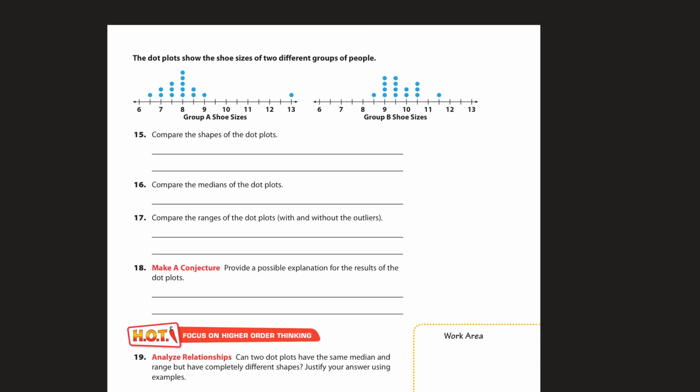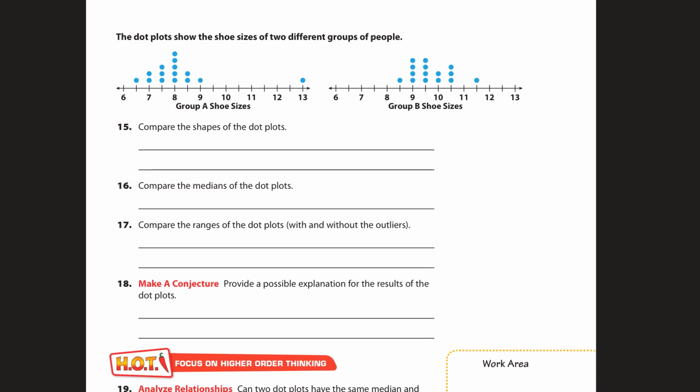So we have our dot plots on the shoe sizes of two different groups of people. Compare the shapes of the dot plots. All right, continuing with the dot plots showing the shoe sizes of two different groups of people. So we have group A shoe sizes and group B, and we're going to answer these questions.